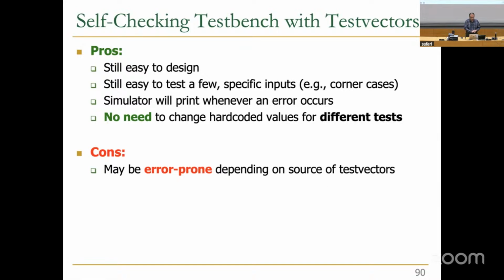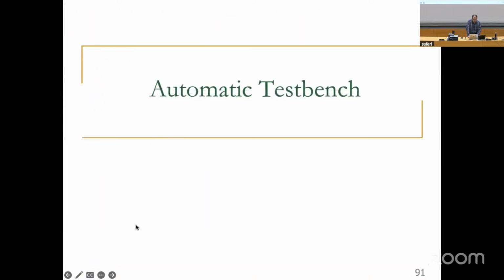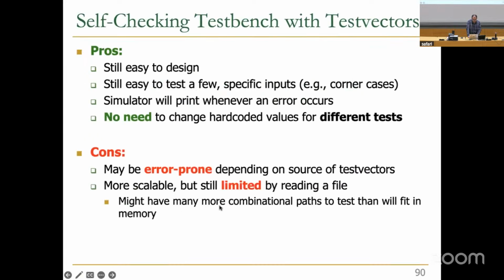Are you using a golden model of your device? If that's the case, how are you sure that the golden design is error free? This is not really easy to check. It's also more scalable, but still limited by reading a file, and you might have many more combinational paths to test than will fit in the memory.